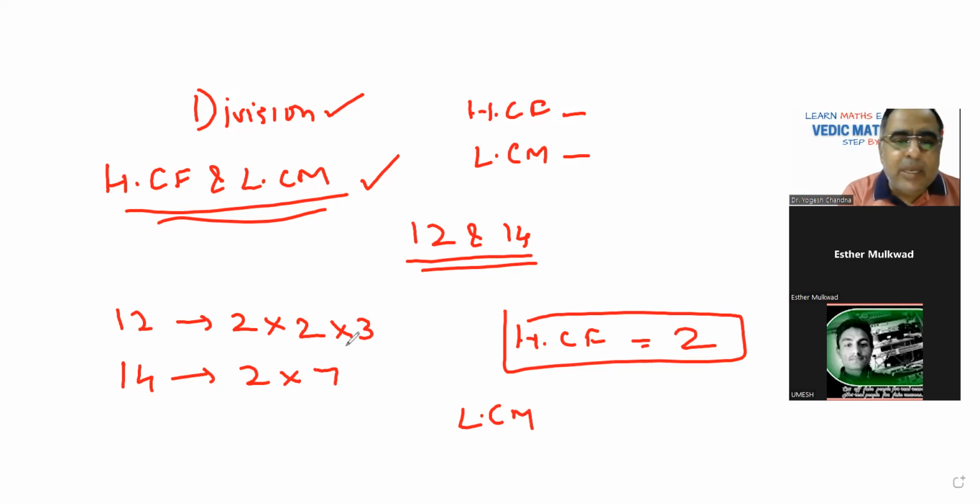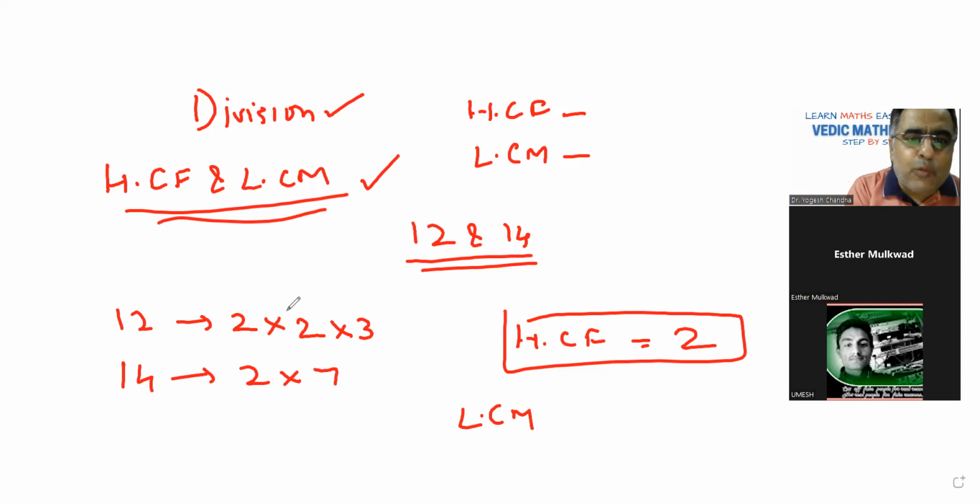Yes, sir, from here itself you cannot find. Yeah, we can. 6 7s are 42. Only 6 7s are 42. So is it the least common multiple? No, it is not.